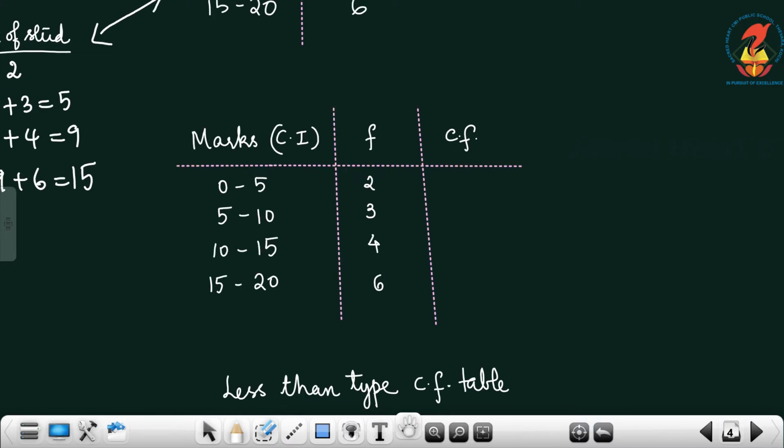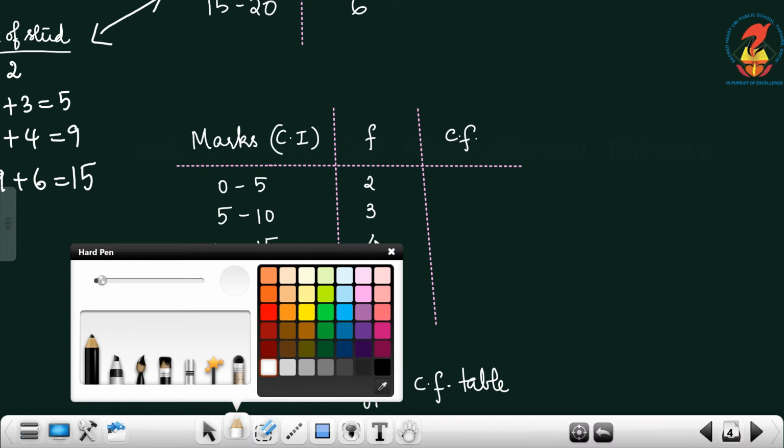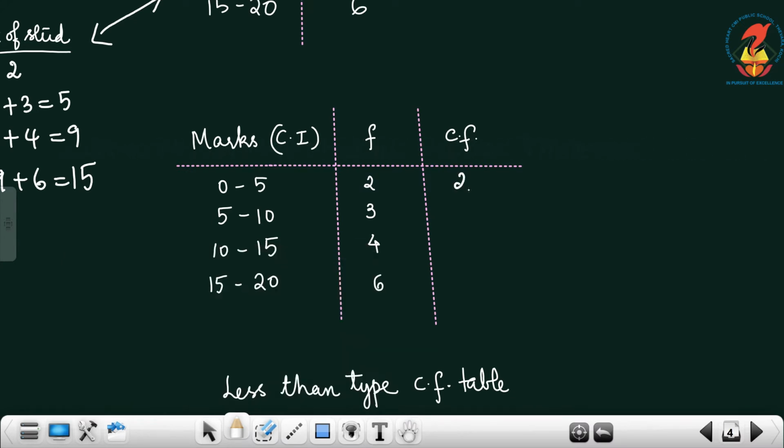Marks, that means our class interval, frequency is given. We need to write the cumulative frequency. For marks less than 5, it means 2 students itself. Now marks less than 10, how can I write? 2 plus 3, 5.